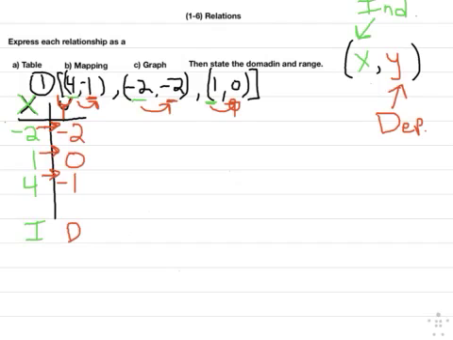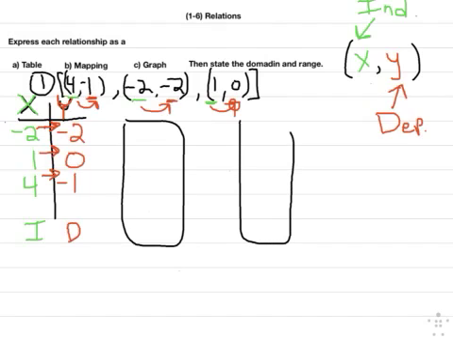Okay, so next for mapping. Your book does a nice little rectangle here for these. These look a little bit different and maybe tell us something about the relationships that we have. Remember, we're going to start with our independent values, and those can be our domain.